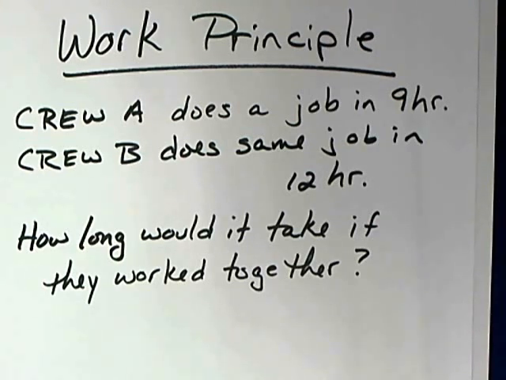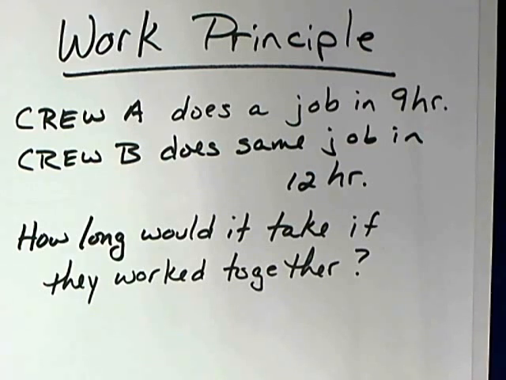Now, the number one common mistake that students make on a problem like this is that they average them. They don't read the book, they don't look up anything, they just say, I don't know, 9 and 12, 10 and a half hours probably. Now, let's think about this logically. Those critical thinking caps, let's put those on. If it takes crew A 9 hours to do it, and they have help, why is it now going to take them 10 and a half hours?